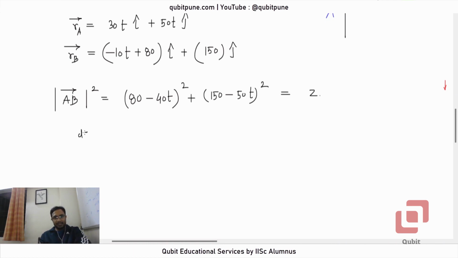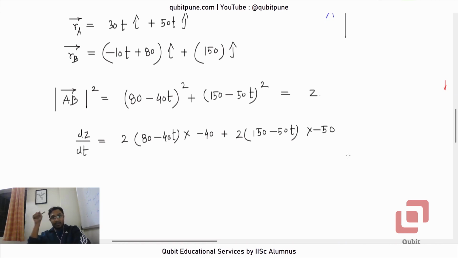So dz by dt, okay, it will be 2 times (80 minus 40t) into negative 40 plus (150 minus 50t) into 2 into negative 50. Understood?